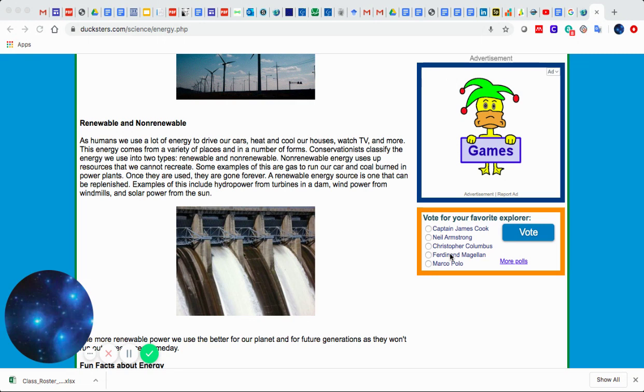So once we've used it, it's gone. Some examples of this are gas to run our cars and coal burned in power plants. Once they are used, they are gone forever. A renewable energy source is one that can be replenished, so you can reuse it. Examples of this include hydropower from turbines in a dam, wind power from windmills, and solar power from the sun.